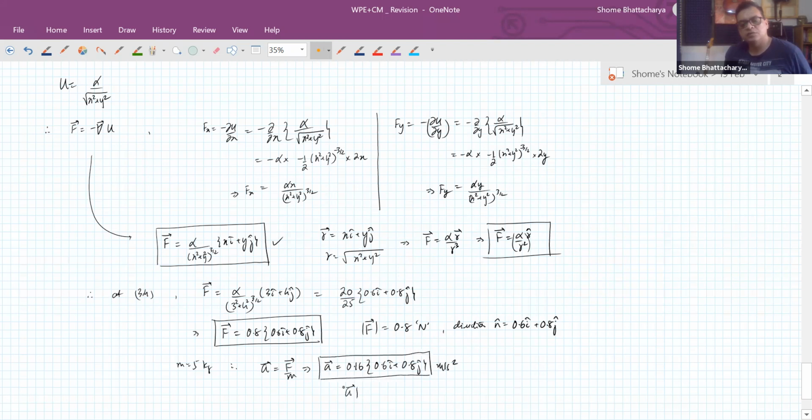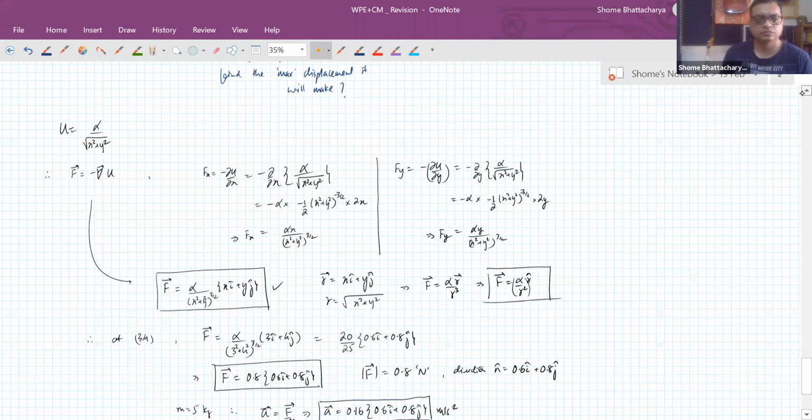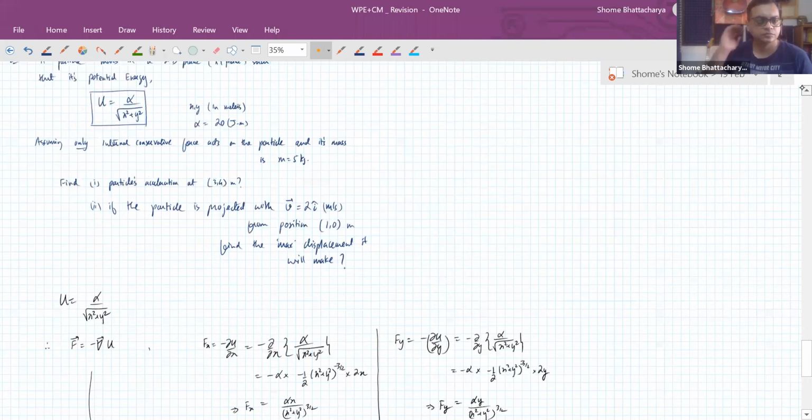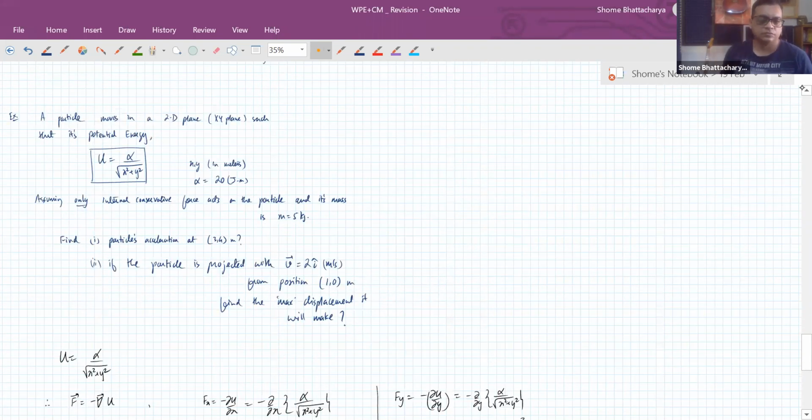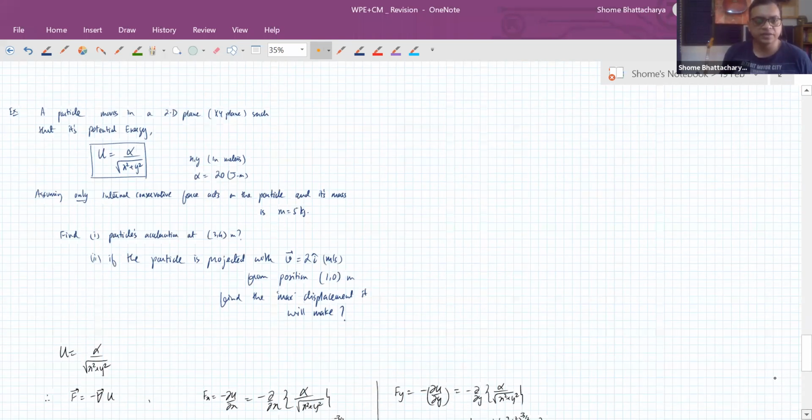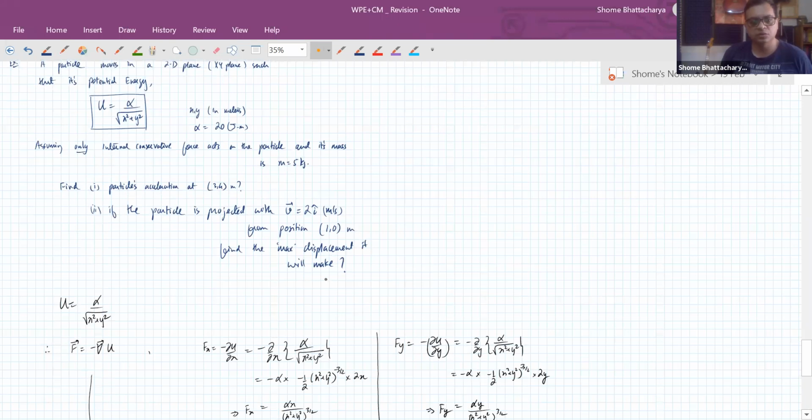Its magnitude is 0.16 meters per second square. So this is about the acceleration when at the position 3, 4.